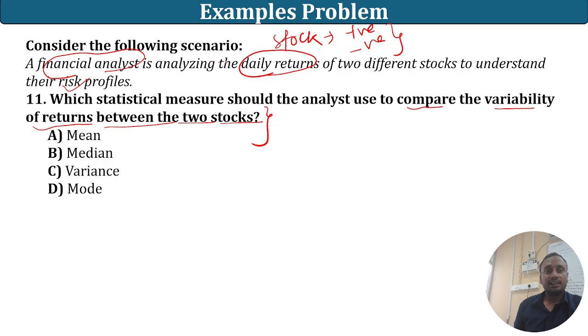Then to calculate the risk profile. Whenever it comes to risk profile, it's something like how much percentage change came, whether it's always going to be a loss. Now they're saying variability. Variability is not central tendency, it's dispersion.